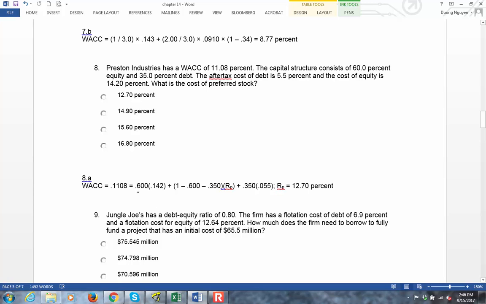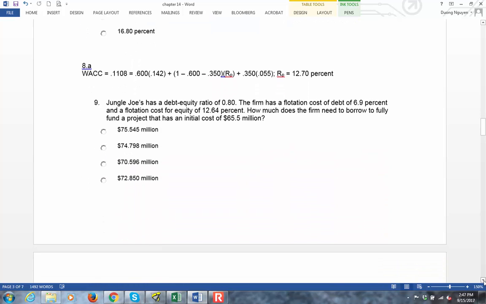So you have 60% in equity and 35% in debt. Then the remaining would be basically 5%, which is 100% minus 60% minus 35% equal to 5%, times the cost of preferred stock. So you solve the equation, you should be able to get the cost of preferred stock equal to 12.7%.